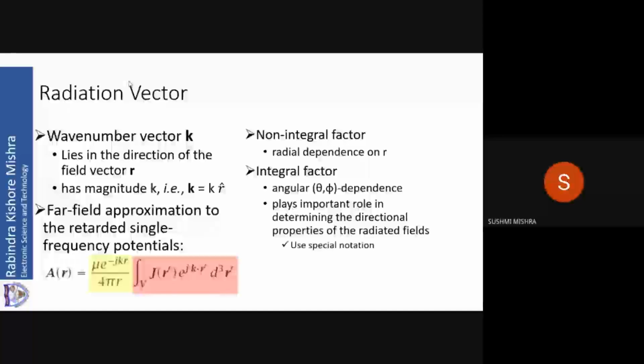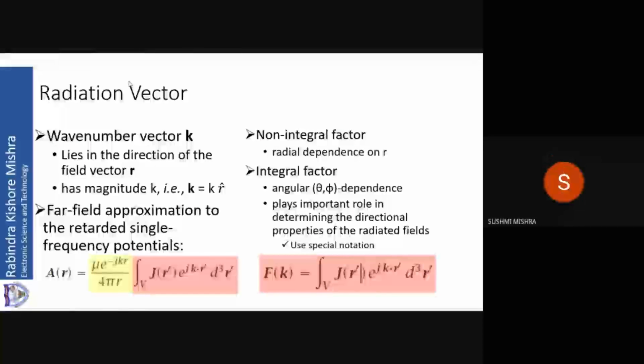Therefore, we can use a special notation for this factor, the integral factor, which actually is giving us the directional properties. So let us write that as F(k) is equal to the integration of J e to the power jk dot r dash integrated over the volume.